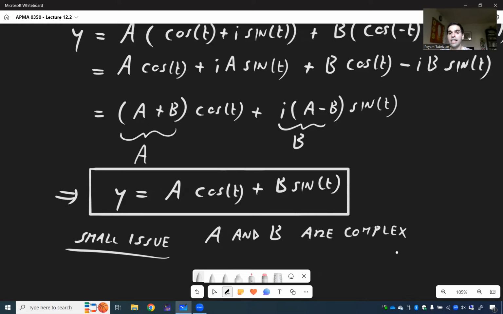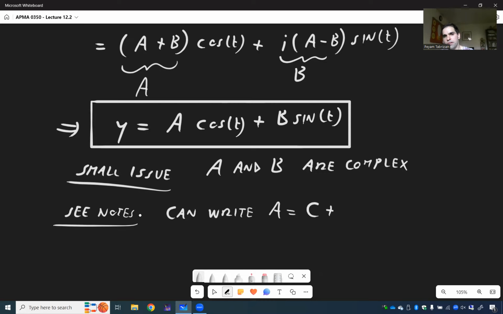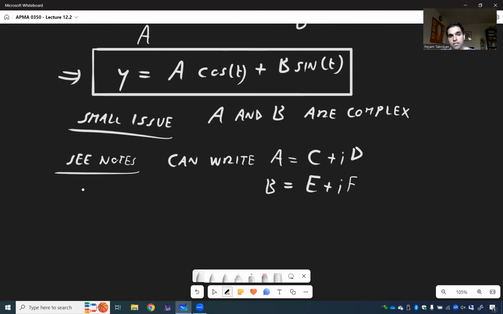So you can either say that, or you can see that in the notes, because one thing you can do is simply split up A and B in terms of real and imaginary parts. Because we can write A as C plus iD and B as E plus iF, and then split into real and imaginary parts.